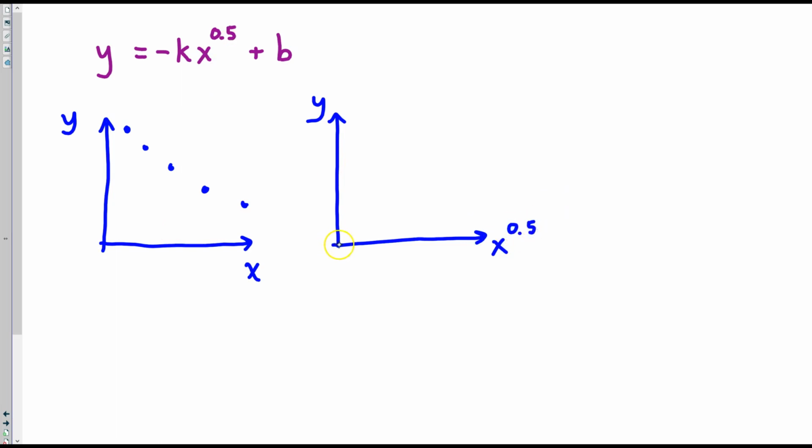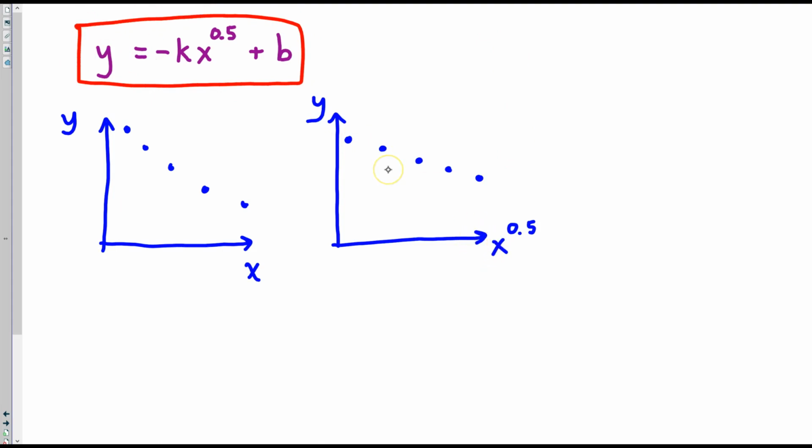But when we do this, we're not going to get a graph like this, because we have a negative slope and an intercept. So instead, we expect to see our data trace out something like this. It should straighten out. This is how we can linearize a function like I've shown here.